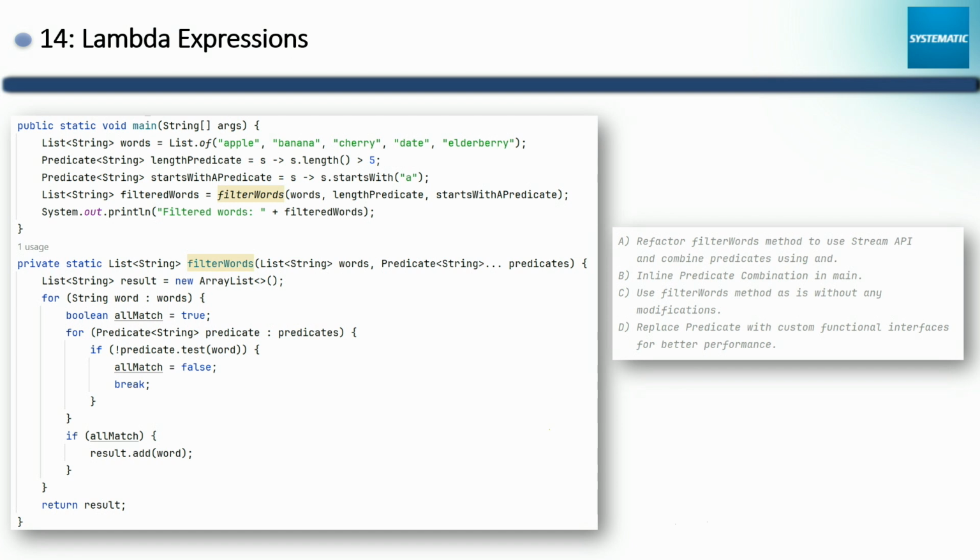Option C, use the filter words method as is without any modifications. So maybe this code needs that logic entirely as I wrote it over there. Option D mentions that we should replace predicate with custom functional interfaces for better performance. So out of these 4 options, what would you choose?